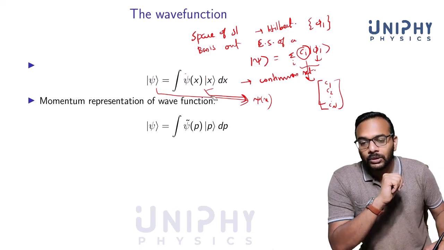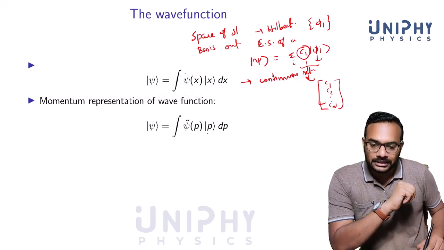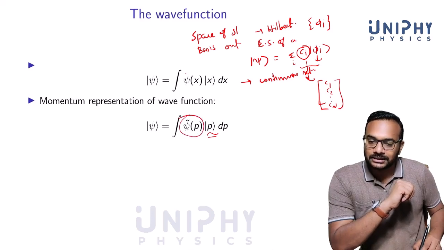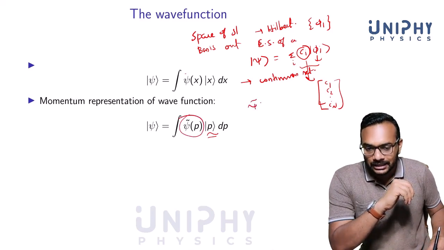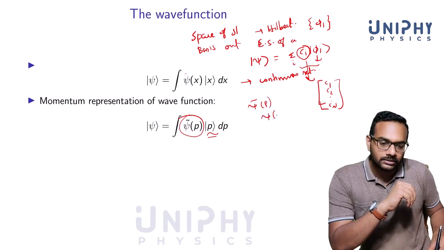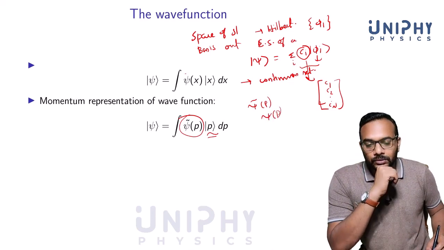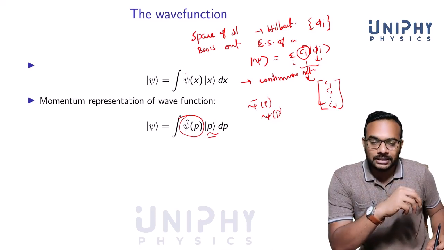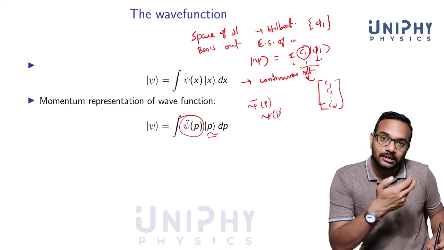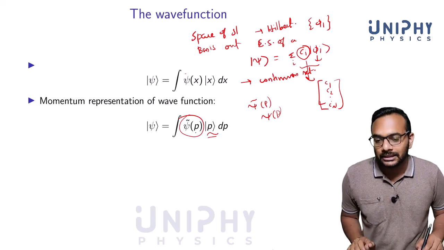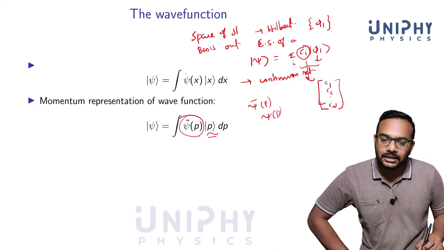Now, what happens if you choose the momentum eigenvectors as the basis vectors? Then we get another set of expansion coefficients. Sometimes we write it as psi tilde of p, or sometimes we sloppily write it as psi of p. But you have to remember that by psi of p, we mean the expansion coefficients in the momentum representation, or the wave function in the momentum representation.